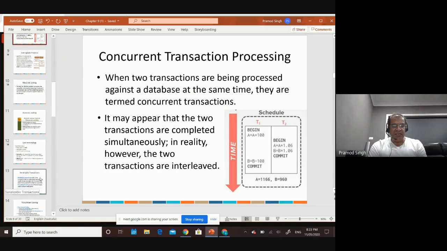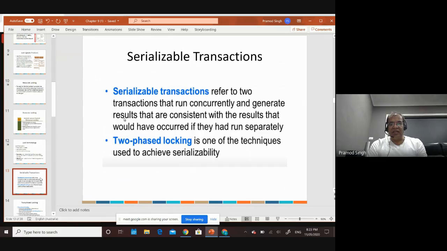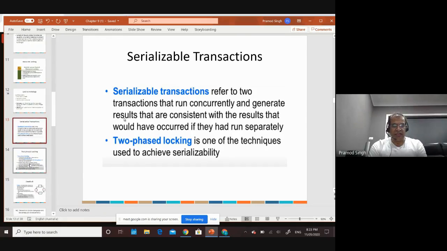That kind of serialization is called serializable transactions, and that can happen only if you apply two-phase locking. The two-phase locking technique is quite a popular technique which is used to make sure that a transaction does not make a lost update, or that there is no inconsistency in the transaction. So we will discuss two-phase locking in the next slide.